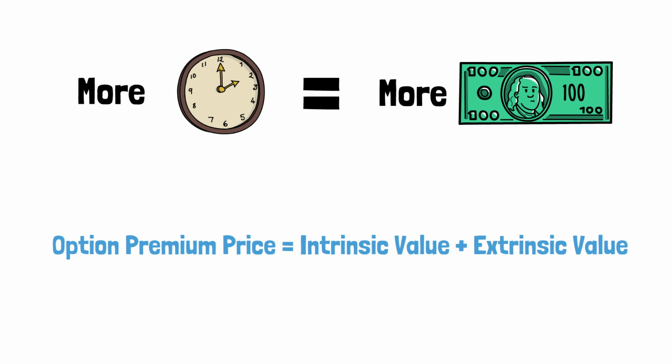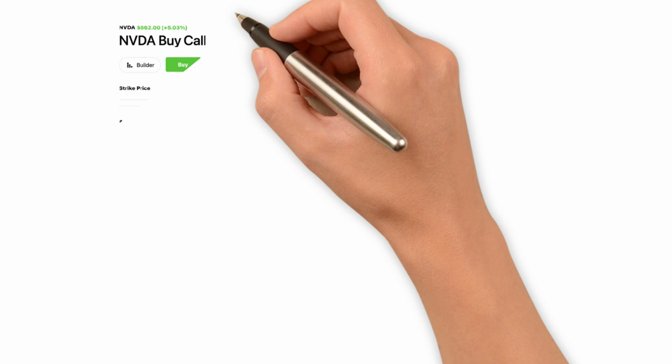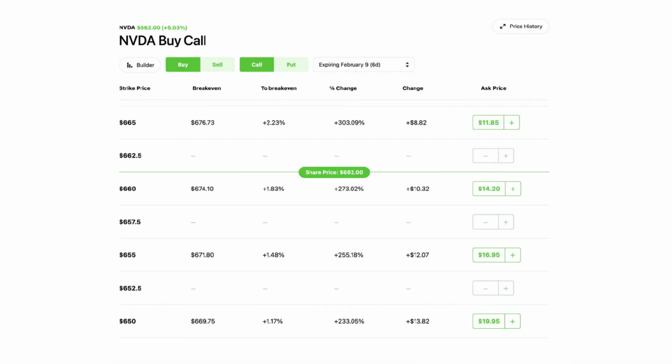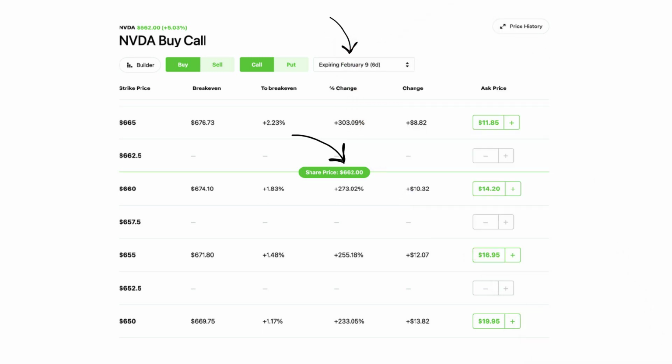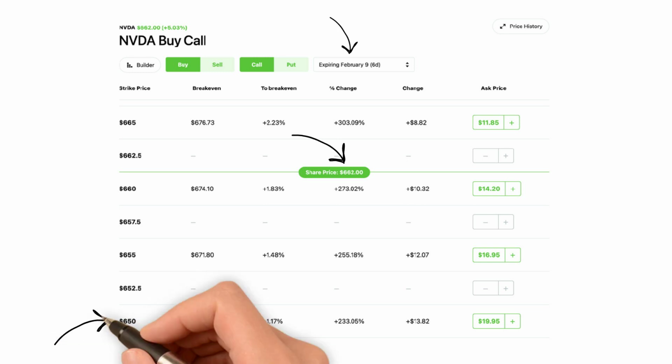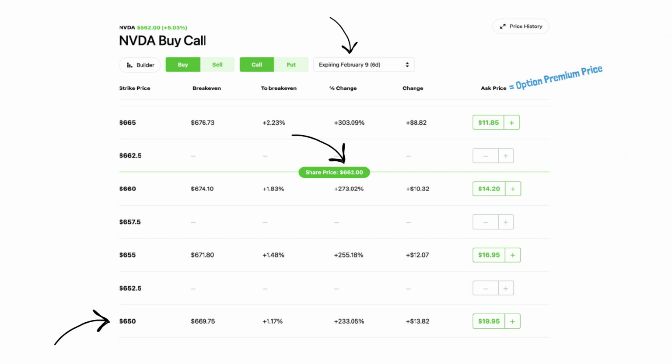Let's look at Robinhood to calculate some intrinsic and extrinsic values of call options contracts. NVIDIA is trading at $662 per share. The call options contract with an expiration date of February 9, 2024 and a strike price of $650 has an options premium price, which Robinhood calls the ask price, of $19.95.